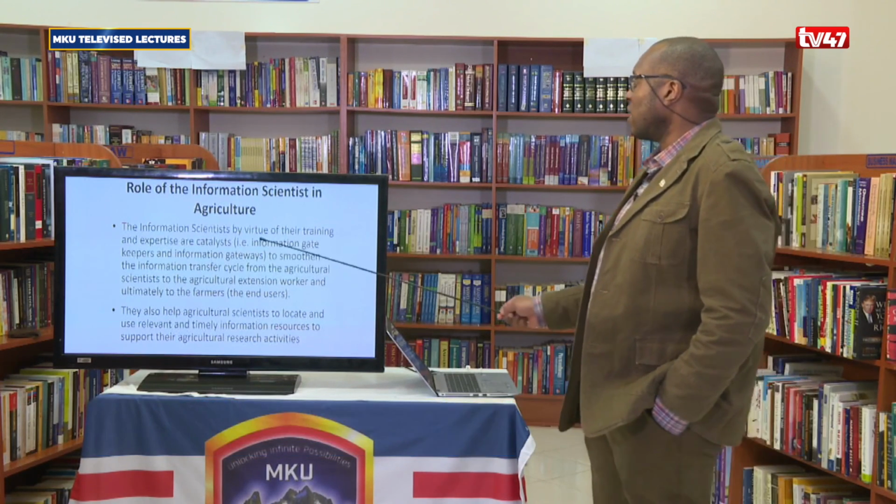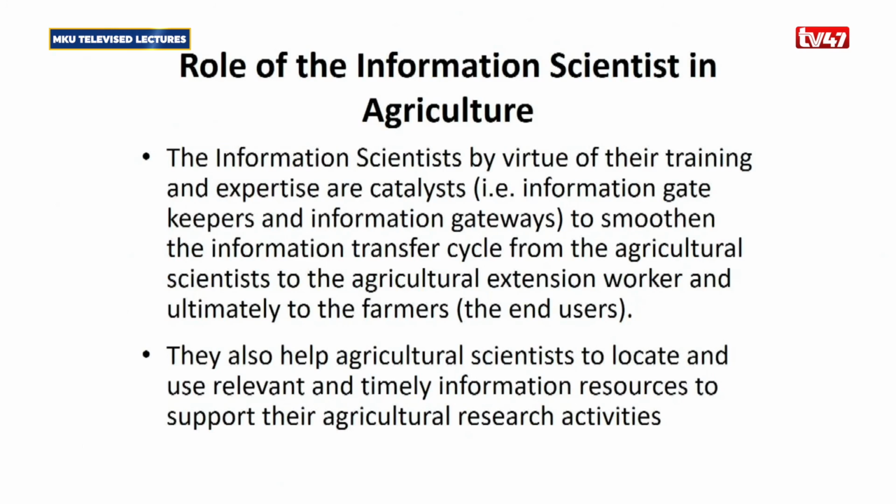So information scientists, by virtue of their training and expertise, act as catalysts, that is information gatekeepers and information gateways. Gatekeepers allow useful information to pass through and prevent harmful information from passing through.